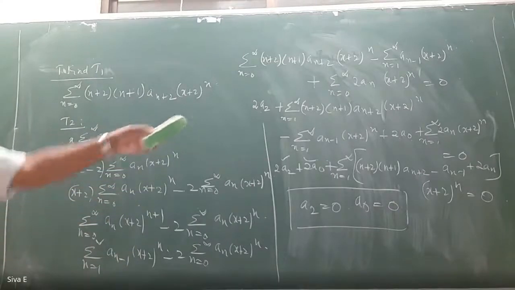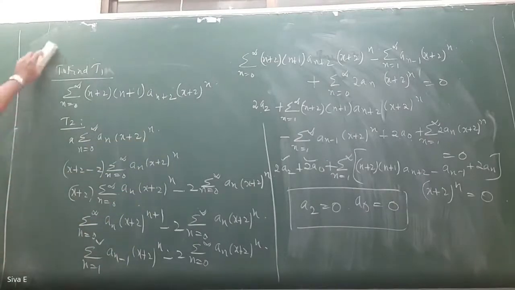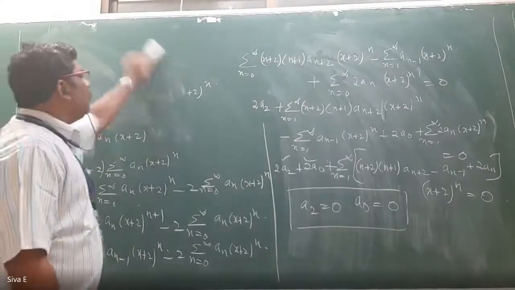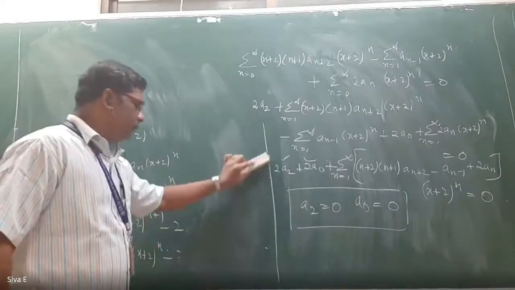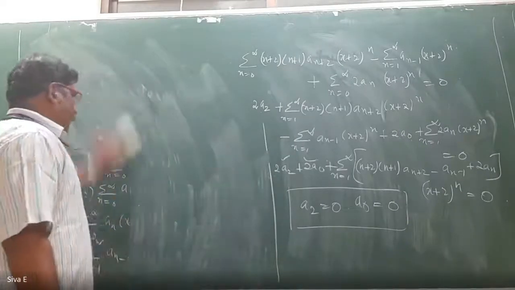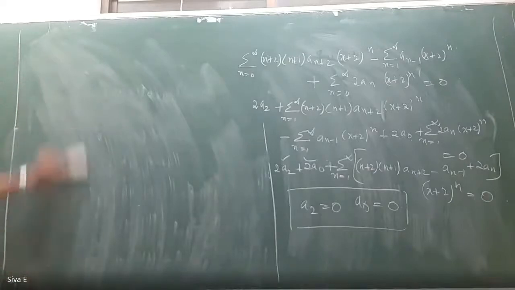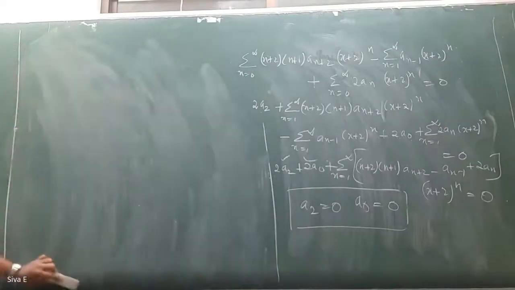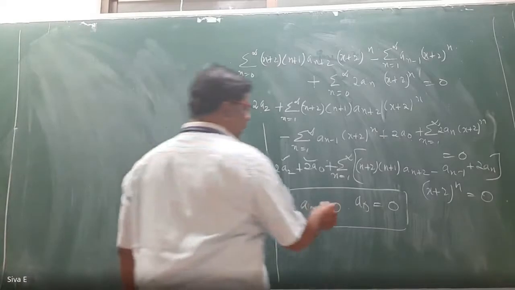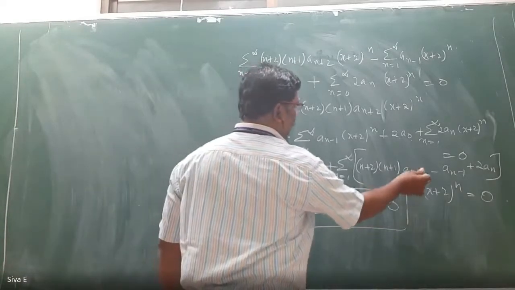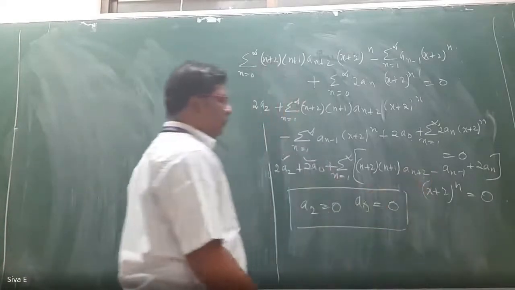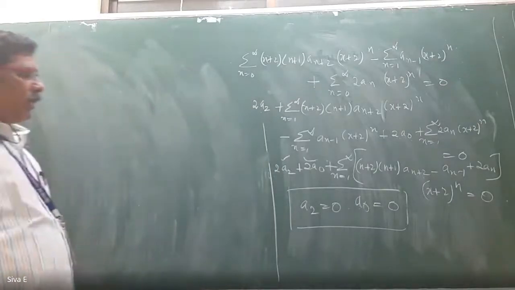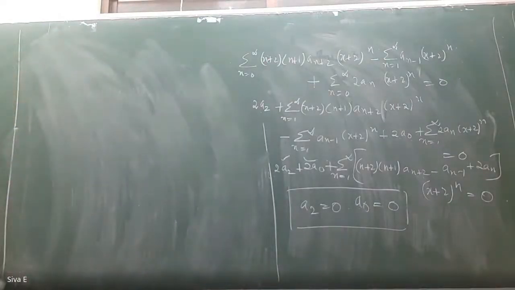Everything in terms of a_(n+2) you have to write. Can you tell me, in terms of a2 equal to 0, a0 equal to 0? But in terms of a_(n+2), what is the value? Simplify and tell me that.